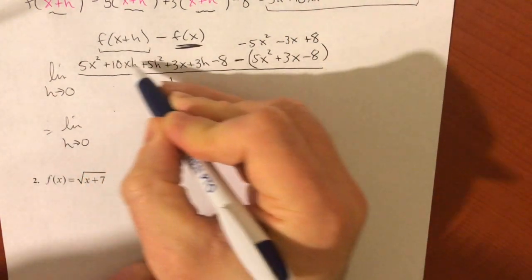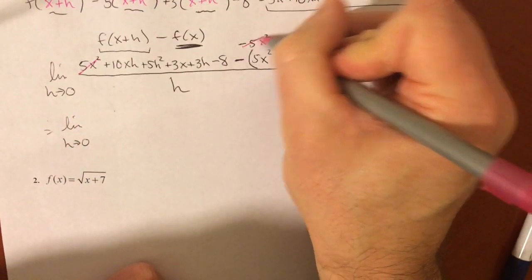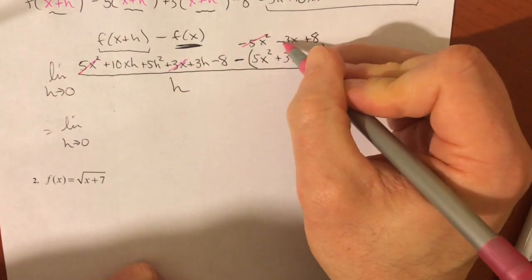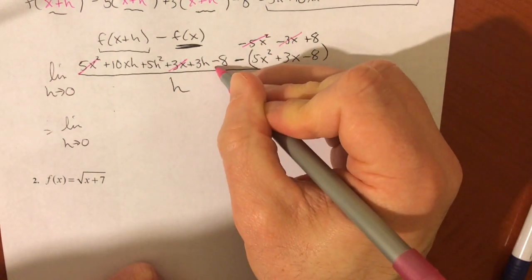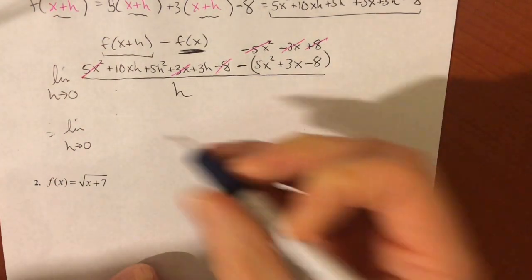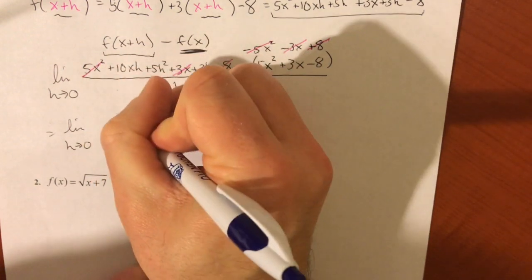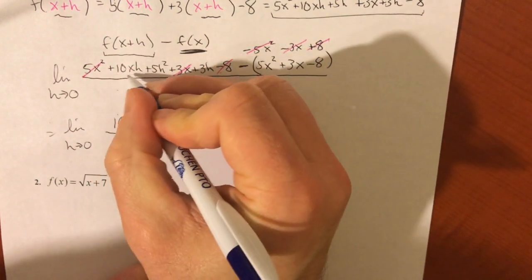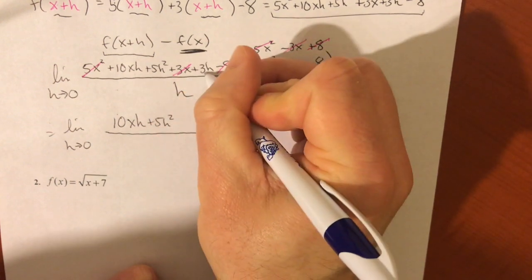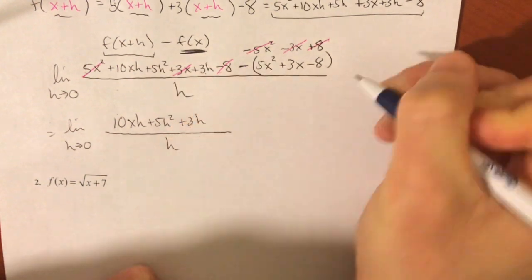And when you combine it with the like terms you have here, 5x squared minus 5x squared cancels. 3x minus 3x cancels. Negative 8 plus 8. The original function cancels, and it's easy to leave out a term here, so just take your time. We have 10xh left over, plus 5h squared, plus a 3h there, and it's all divided by h.